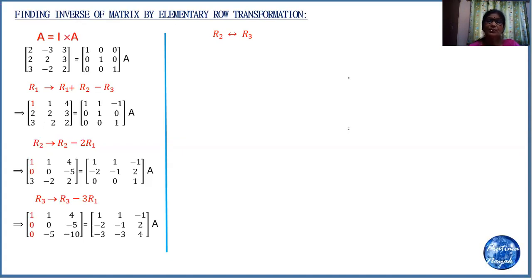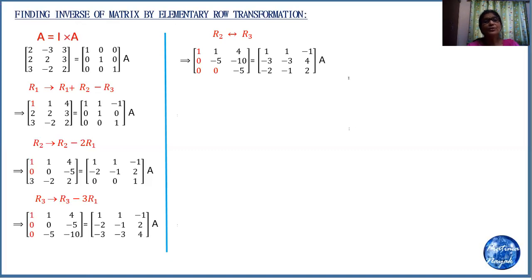Just interchange, no operation. So what will the result be? R1 will not be changed, R3 will be written in R2. And the same interchange will be done in the identity matrix also.